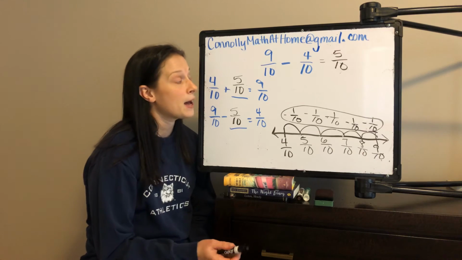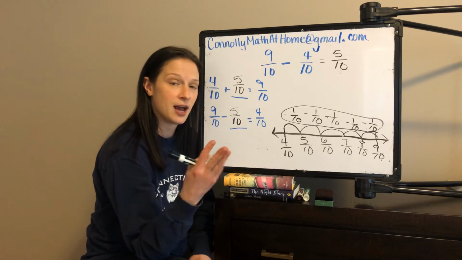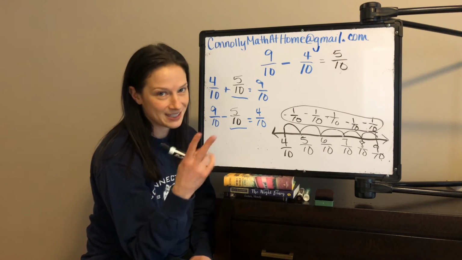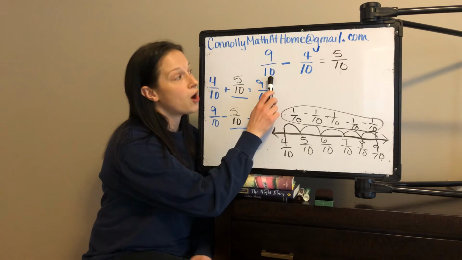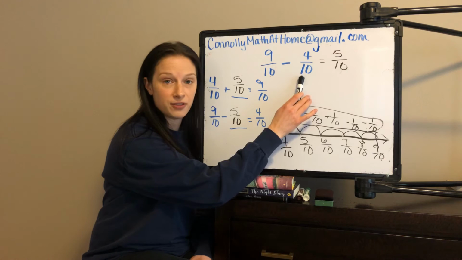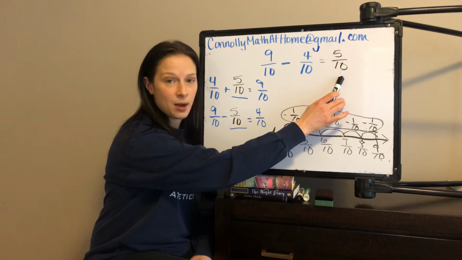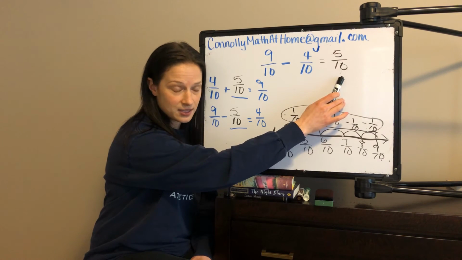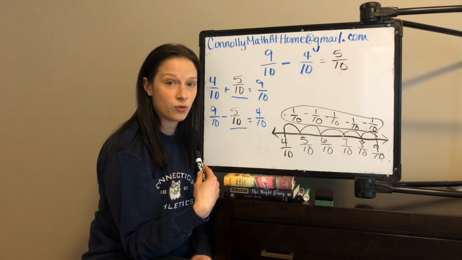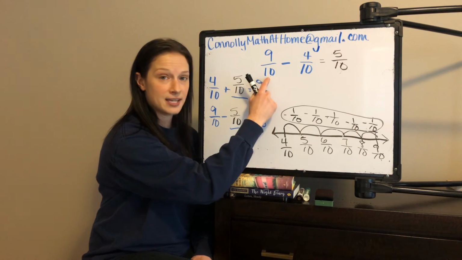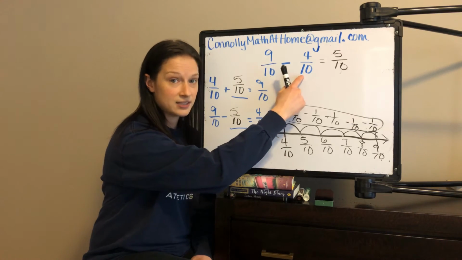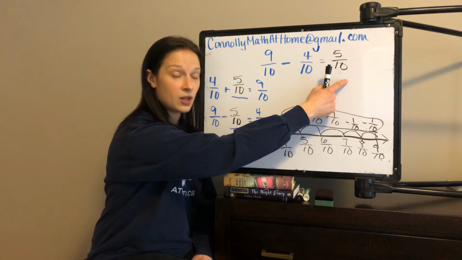Okay? You have two representation options. You have the area model, where you show all 9/10 and cross off the 4/10. Then you see how much is left, 5/10. Then I also went over the number line, where you have the option of starting with 9/10, subtracting 4/10, and seeing what you land on.